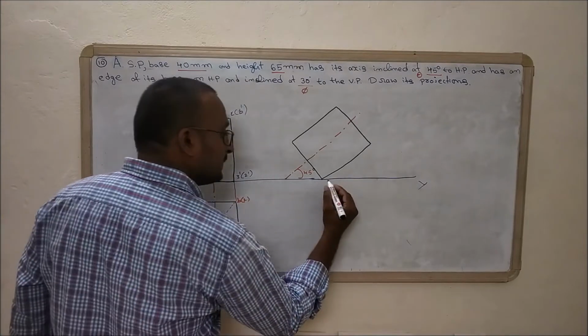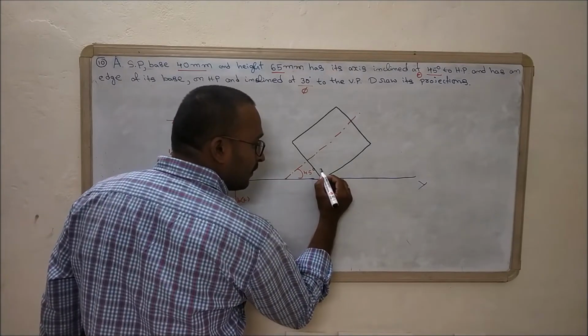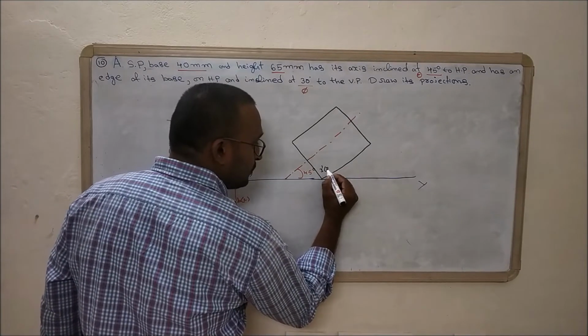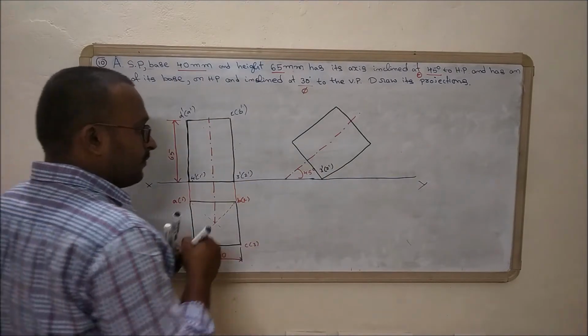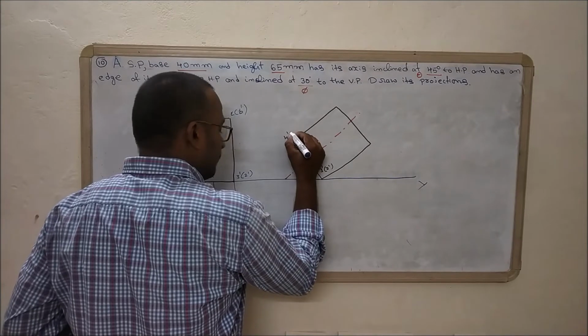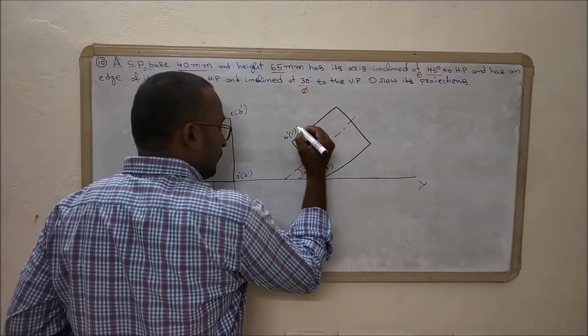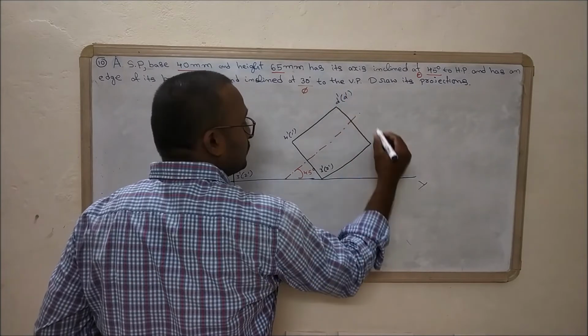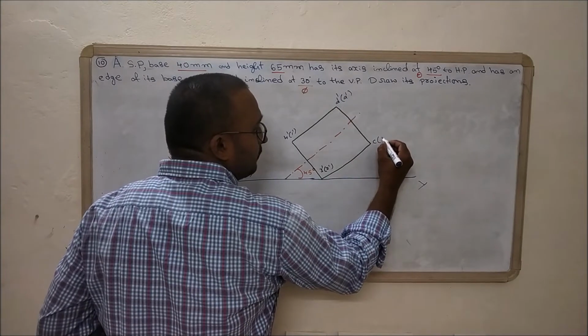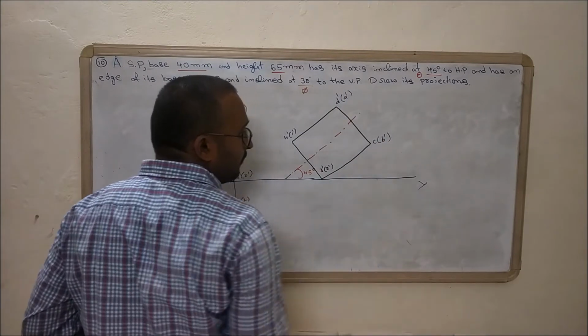So here it is 3 dash of 2 dash, 4 dash of 1 dash, D dash of A dash, C dash of B dash.